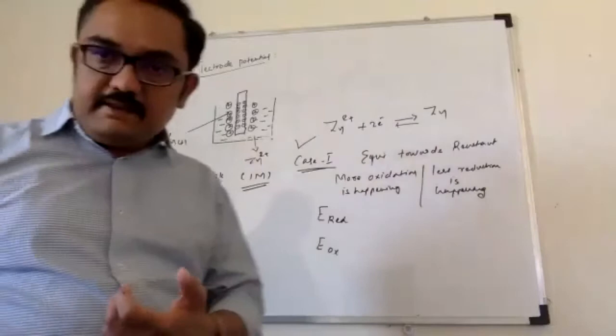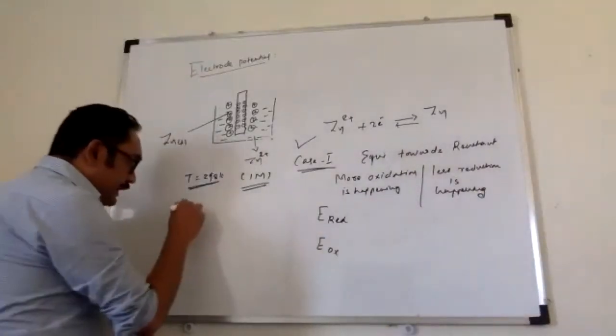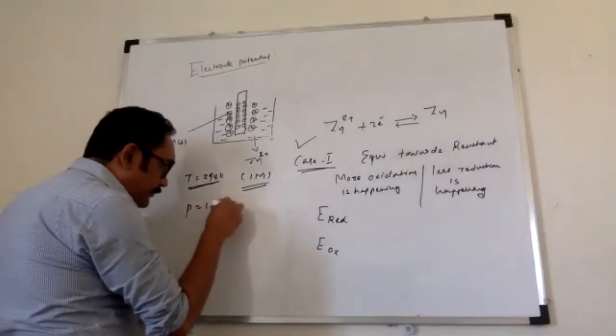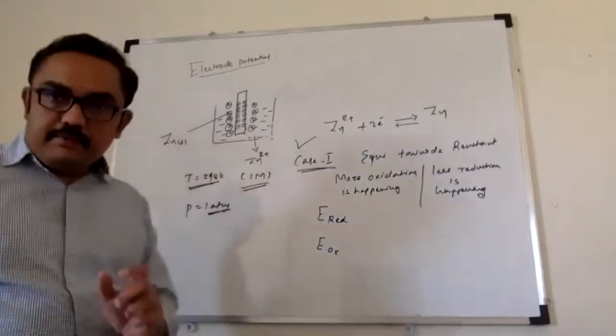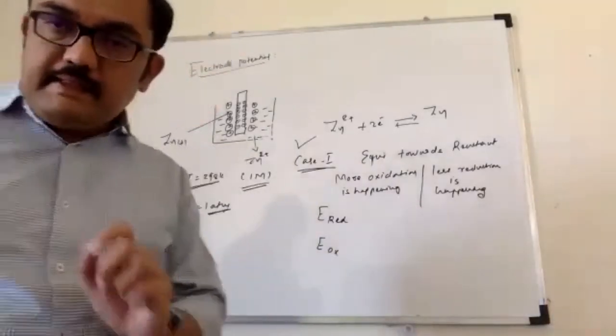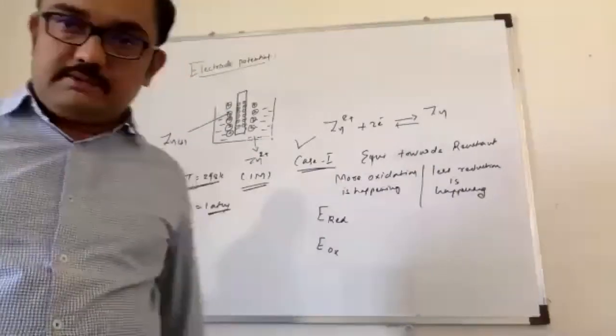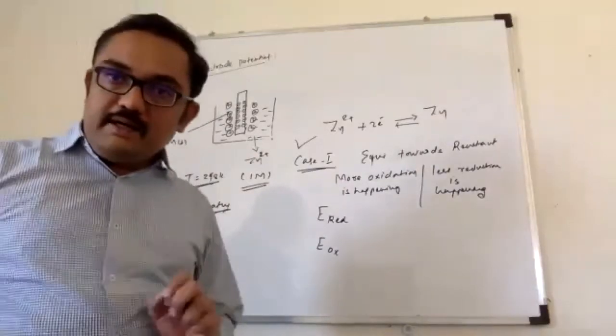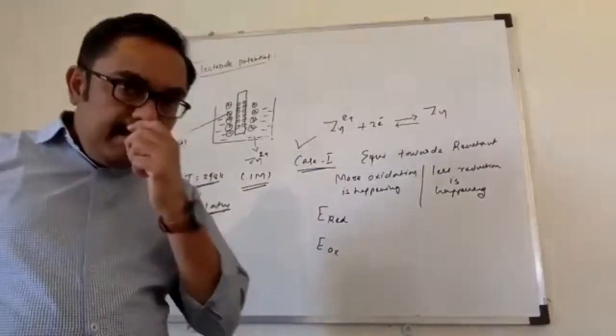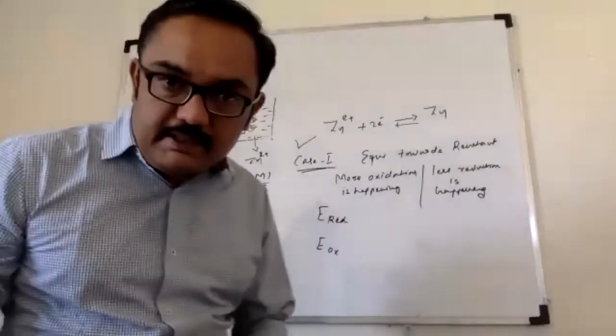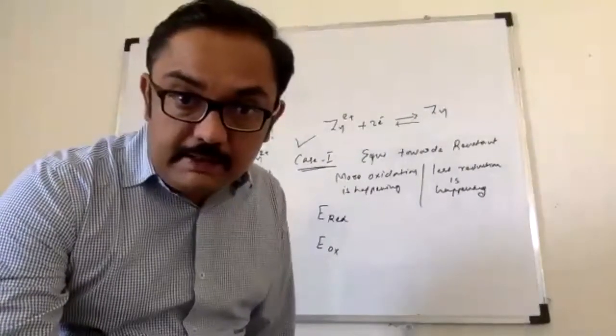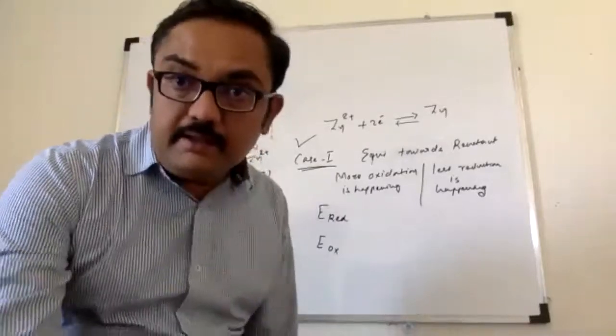If there is a gas in the half cell, its pressure has to be 1 atmosphere. Then that is called standard condition. And whenever we measure electrode potential in the standard condition, that is called standard electrode potential.